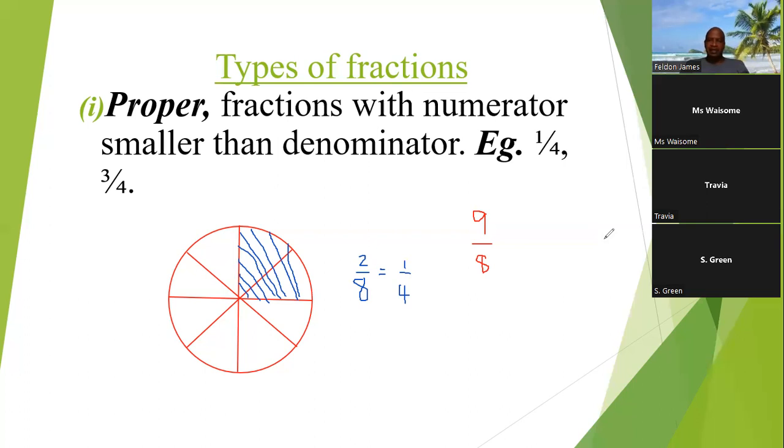How can we get it? Just tell me, if you are sharing pizza among 9 persons and you want all of them to get an equal slice, which is 1 slice out of 8, what would you do?